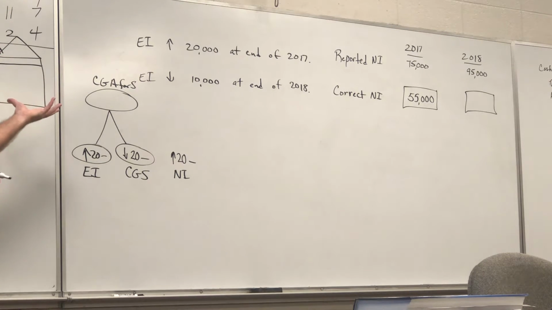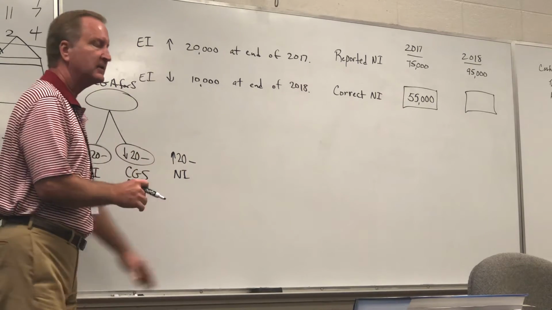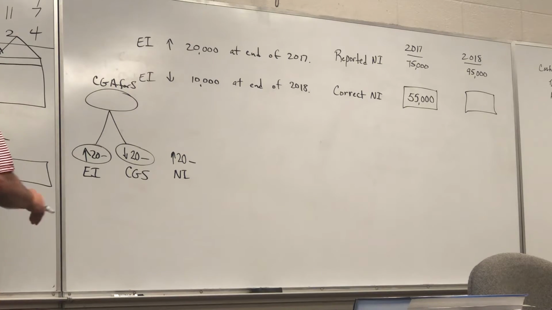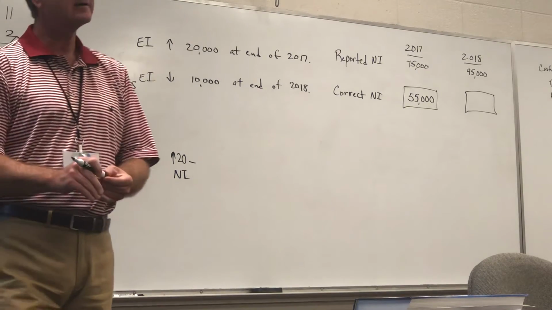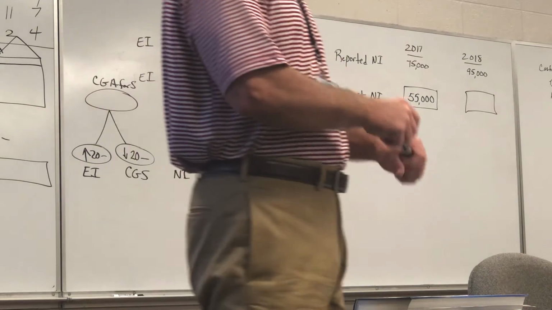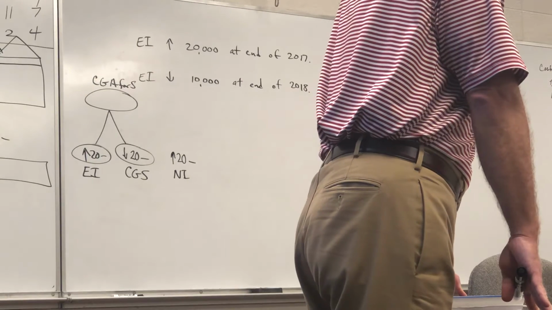But that was to overstate inventory so they could overstate their net income. There's also an example of a guy who was importing vegetable oil into the country. And it came in the hull of a ship.